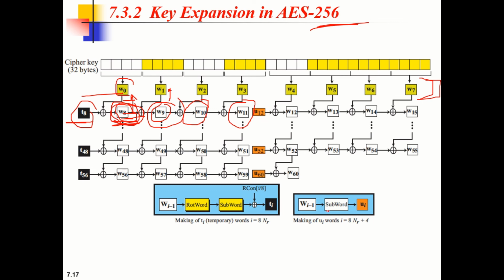Okay, so on the bits we will be performing this substitution operation, and as a result we'll be getting this word. Okay, so you can see that this is being XORed with the words which are multiples of 4 but are not multiples of 8. Okay, so this thing we have to keep in our mind. Rest of the things are same. Okay, so that is the key expansion process in AES.